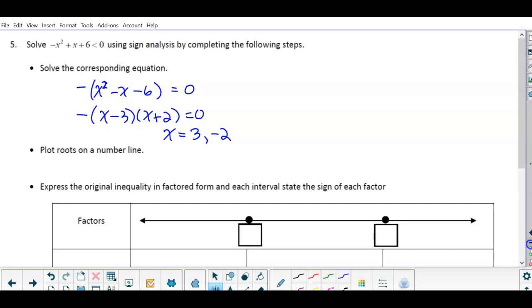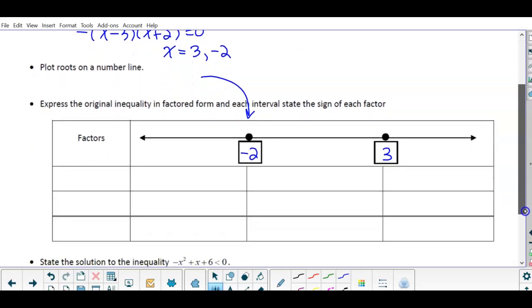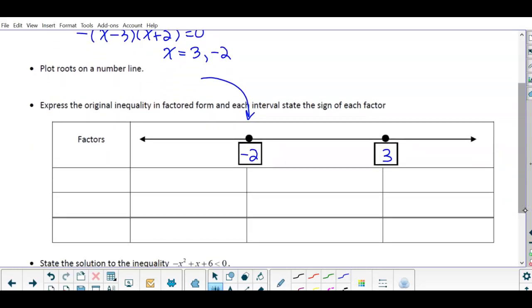Plot roots on a number line. Notice how we have a number line down here, so we'll just put them here. So the smallest one is -2, biggest one is 3. And express the original inequality in factored form. All right, so I'm going to include that negative because there are 4 sections here, so 1 for each.